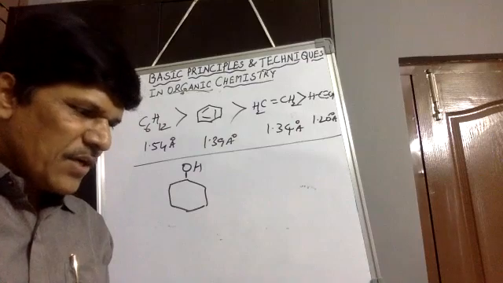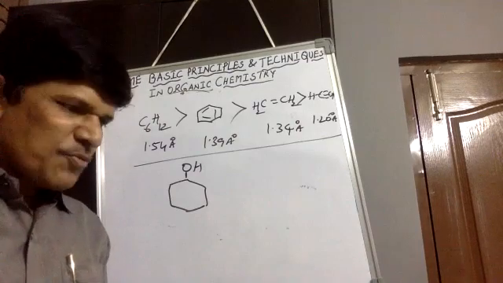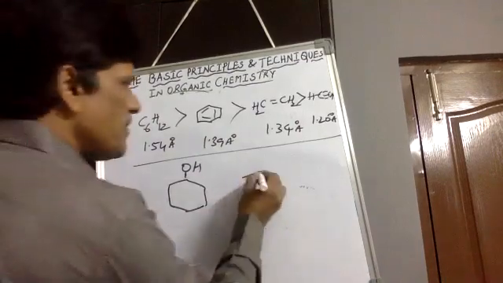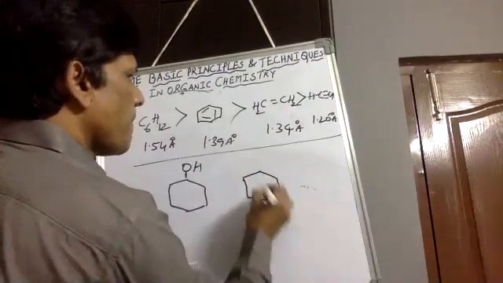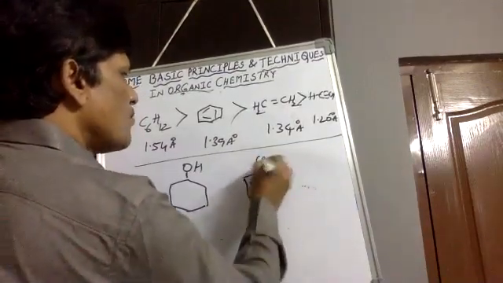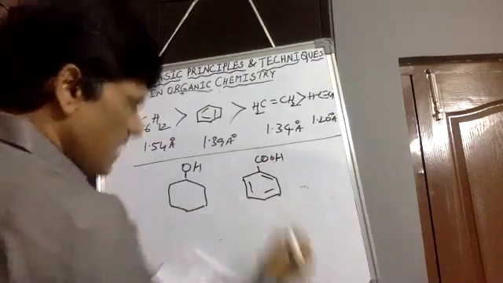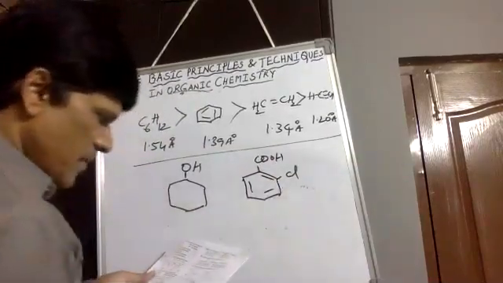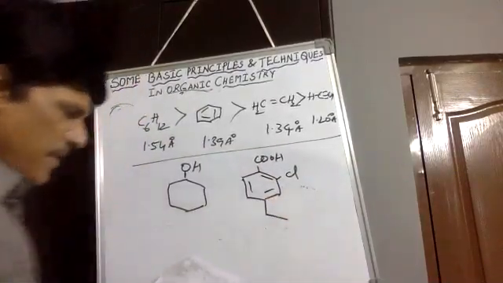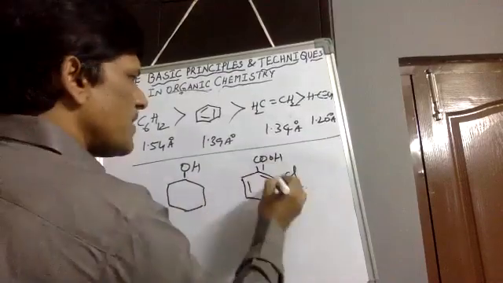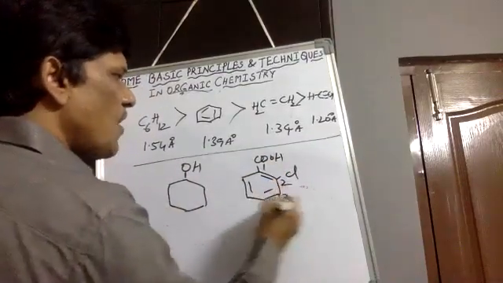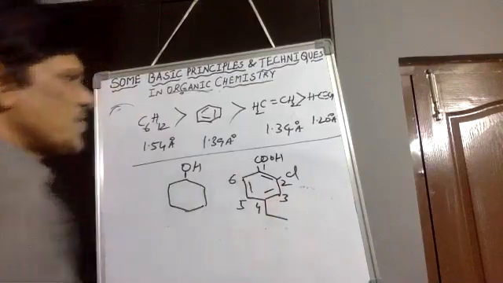Then 72, name the following substance. Here we have a benzene derivative with a COOH group. Then the second position has chlorine, and the fourth position has an ethyl group. Numbering we have to start with the highest priority, COOH as 1, 2, 3, 4, 5, 6.